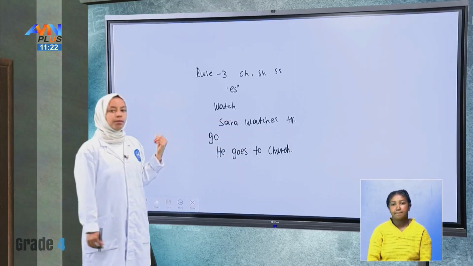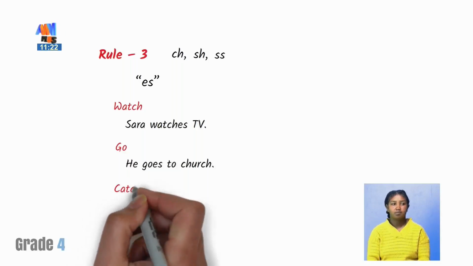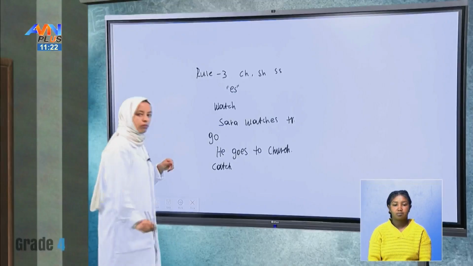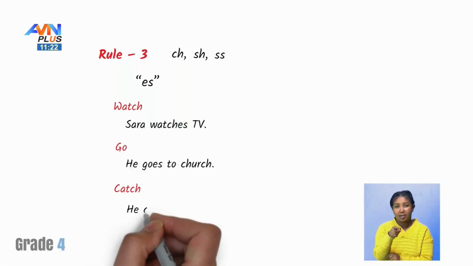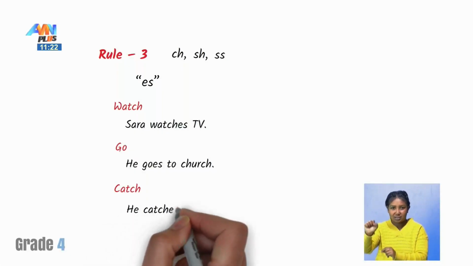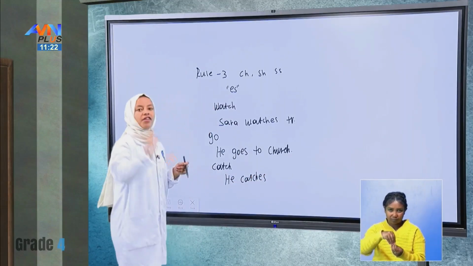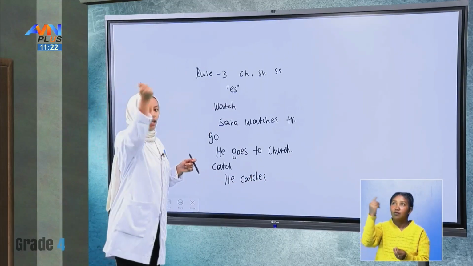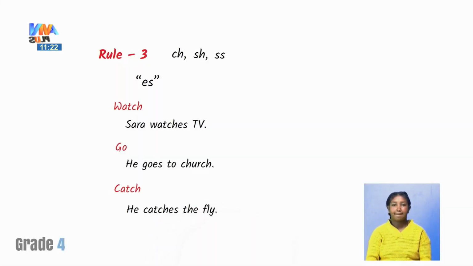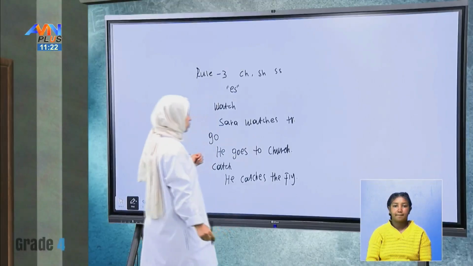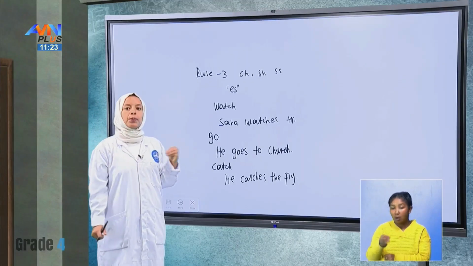For example, let us add catch. For example, he catches. Add what? ES, catches. Maybe like the fly. He catches the fly, for example. What I was doing is add ES.